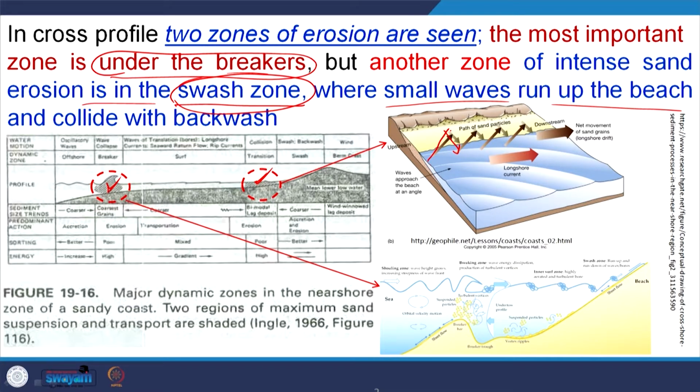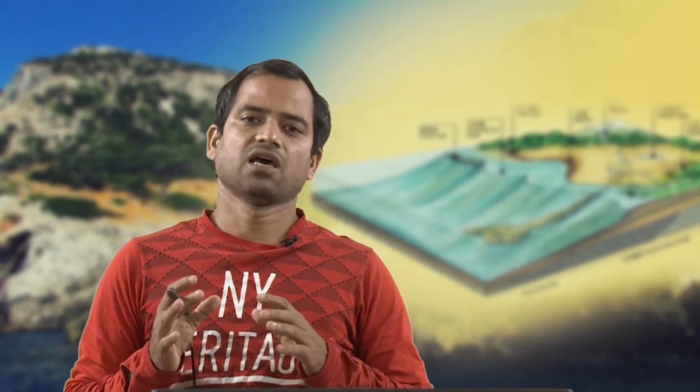These two zones are responsible for sand movement to the coast, and the sands deposited along this coast also migrate both along the coast and across the coast. Migration along the coast is due to littoral currents, and migration across the coast is due to swash and backwash.